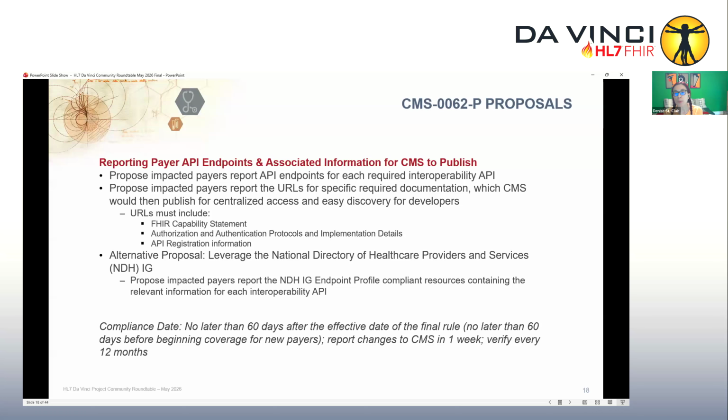There is a proposal to report payer API endpoints and associated information for CMS to publish. So this is a proposal for impacted payers to report API endpoints for each of the required interoperability APIs, and to report the URLs for specific required documentation, specifically FHIR capability statements, authorization and authentication protocols and implementation details, and API registration information.